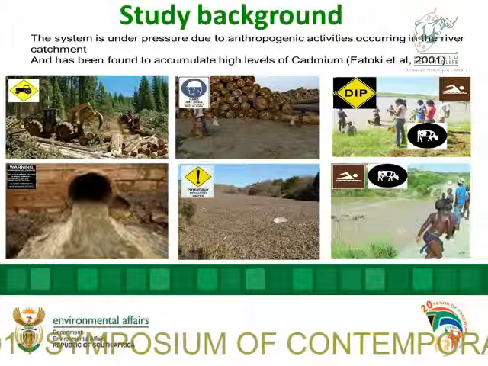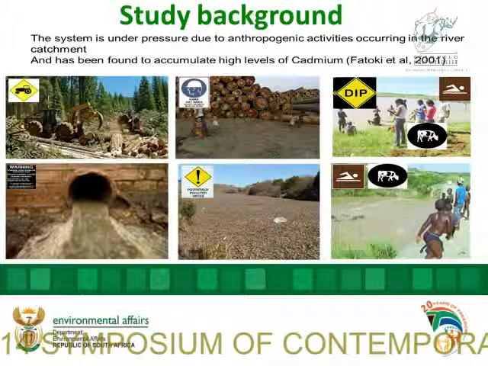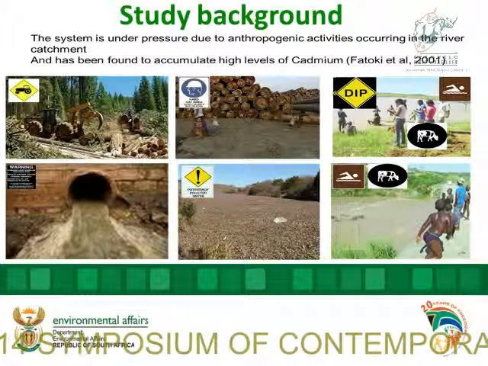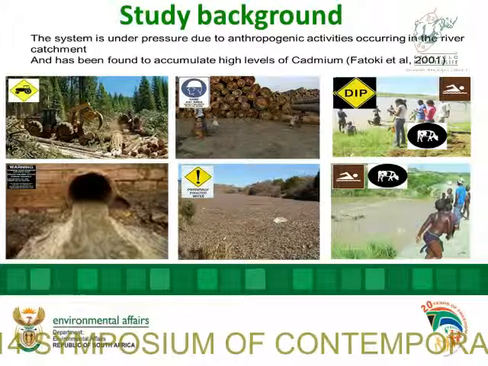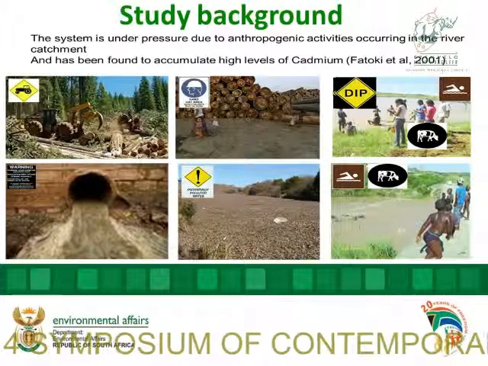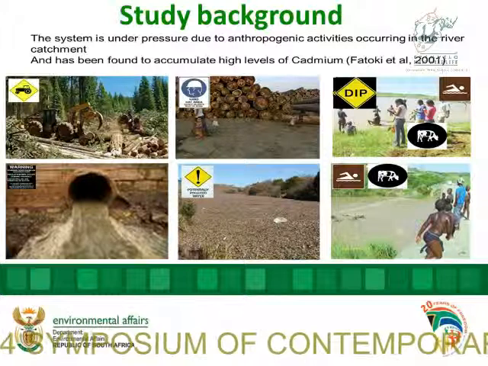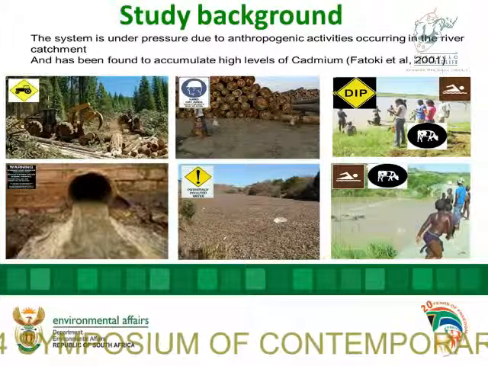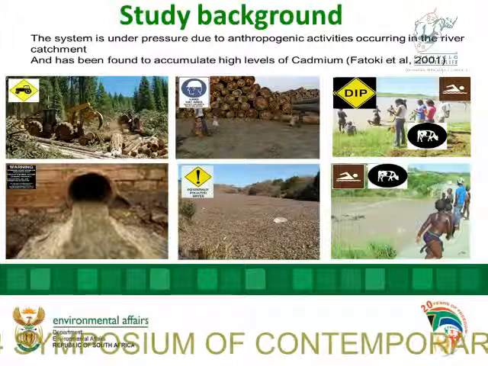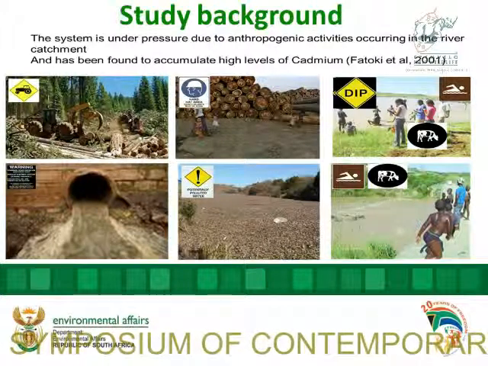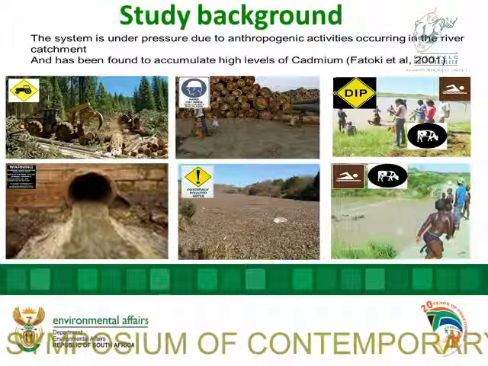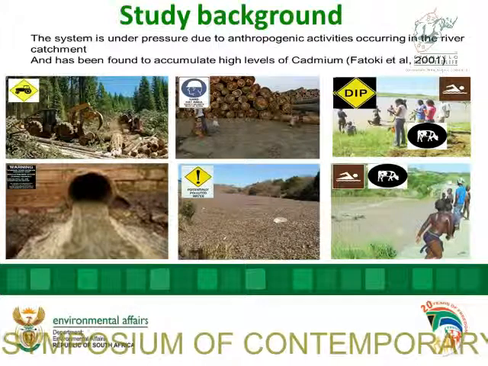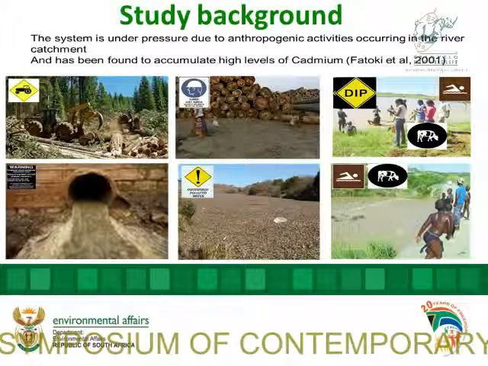We wanted to apply that, to use nitrogen stable isotope in Umtata River because the river is under pressure due to different land uses, which include agricultural practices and wood treatment industry in the upper reaches. There is a dam in the middle reaches, and a waste treatment plant in the middle reaches.